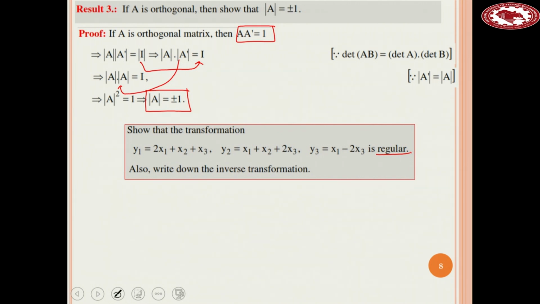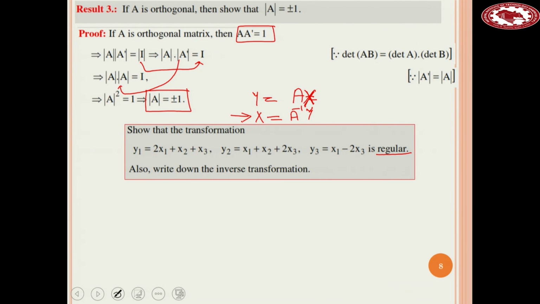And we know this result: if y is equal to Ax, then you can write x is equal to A inverse y. So, this one is the inverse transformation, and y is equal to Ax is the transformation.